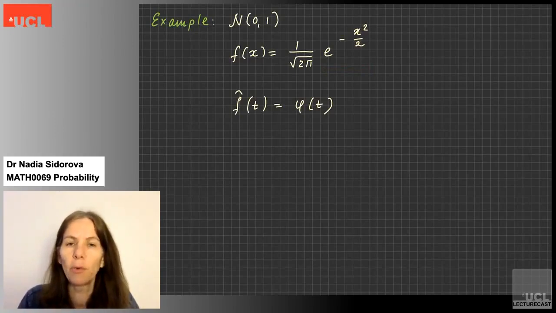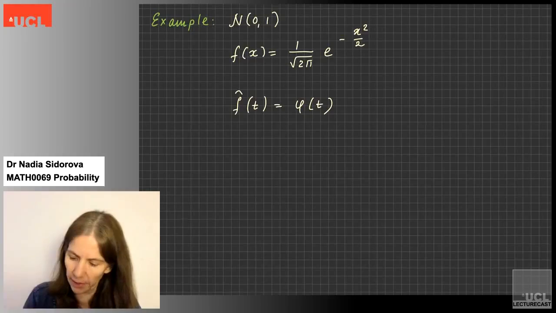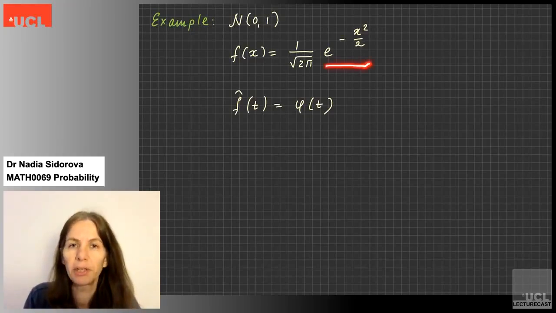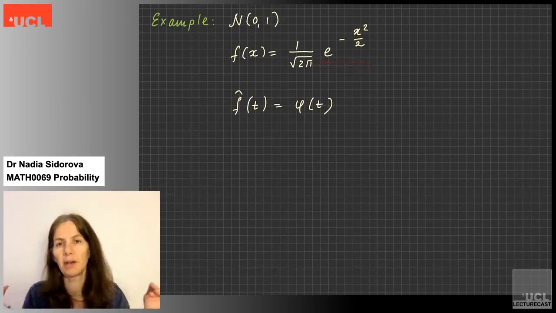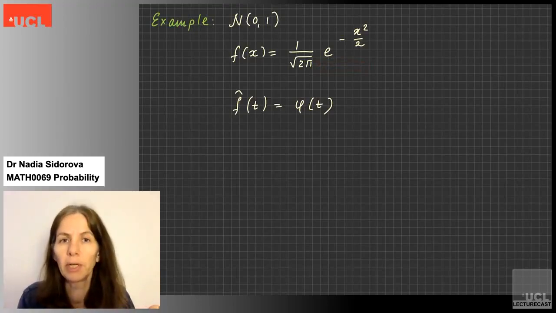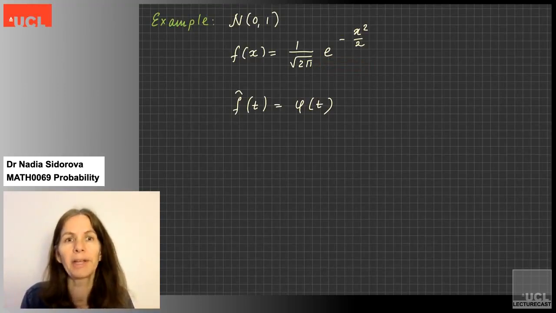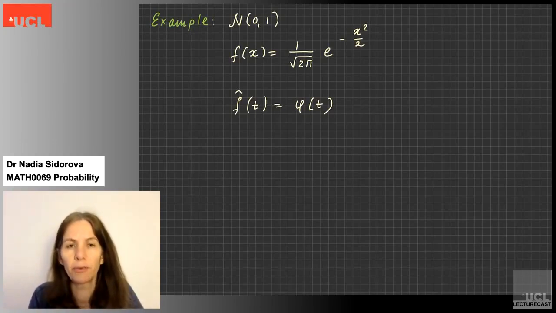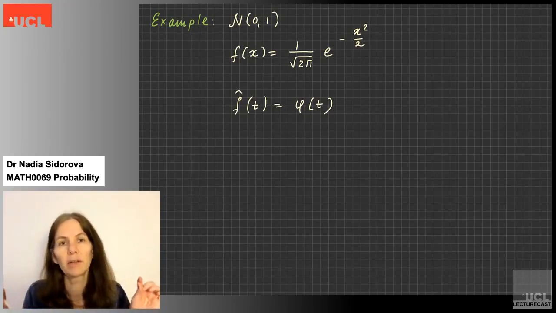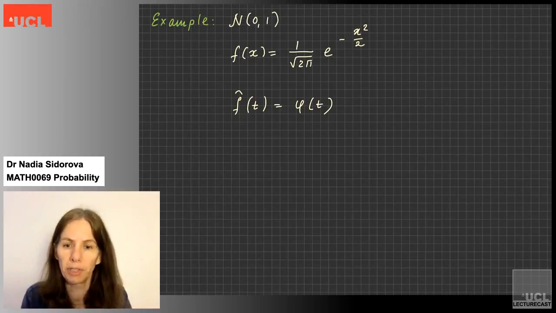Also, all the derivatives will look like this exponential term here times some polynomial, which means that this term will always win when x is large and will make everything very small. So all the derivatives of f will be Lebesgue integrable, and they will tend to 0 at plus and minus infinity. What does this theorem tell us then? It tells us that the Fourier transform will decay at the ends faster than any power of t.